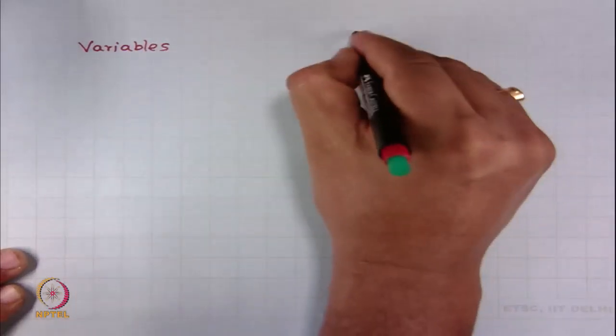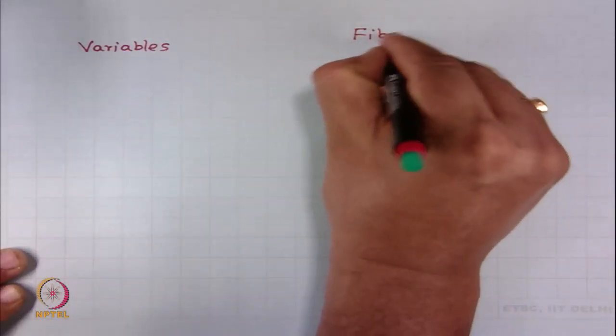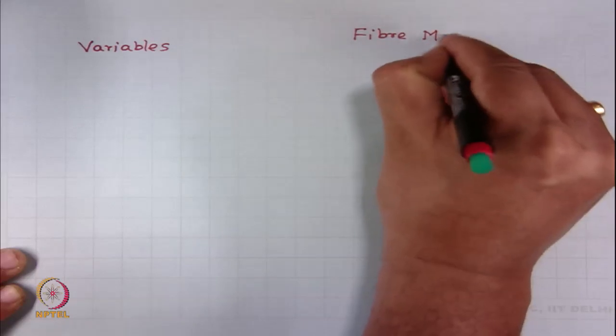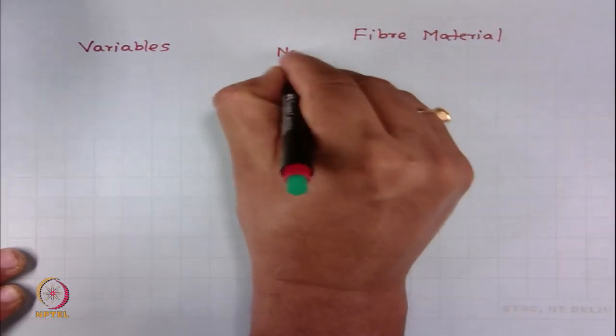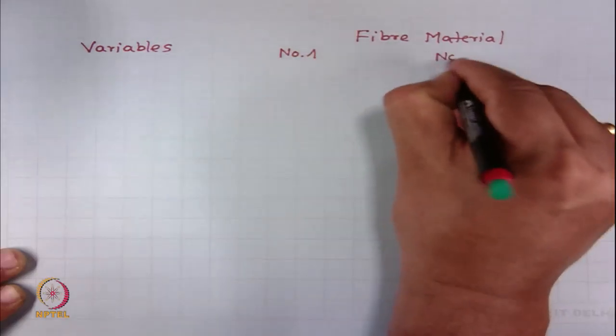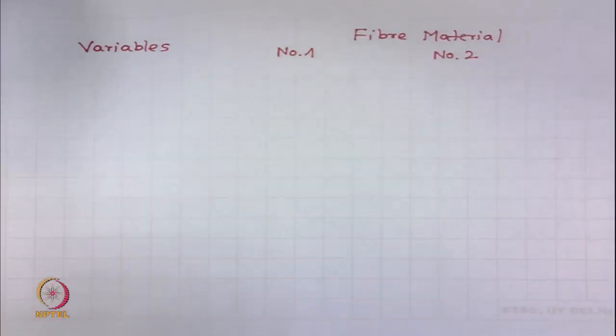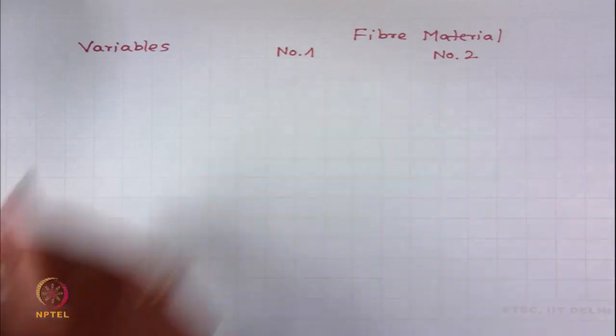Variables: fiber material or fiber, one type number 1, second type number 2. First, about fiber fineness.